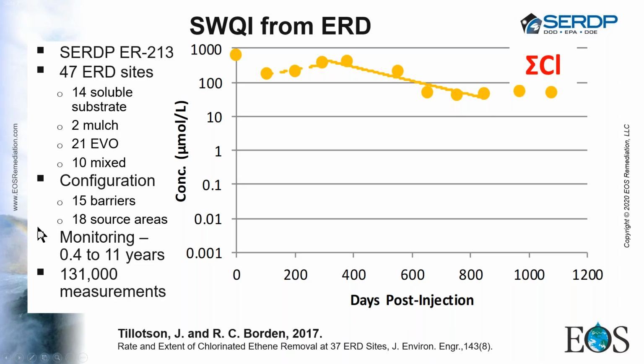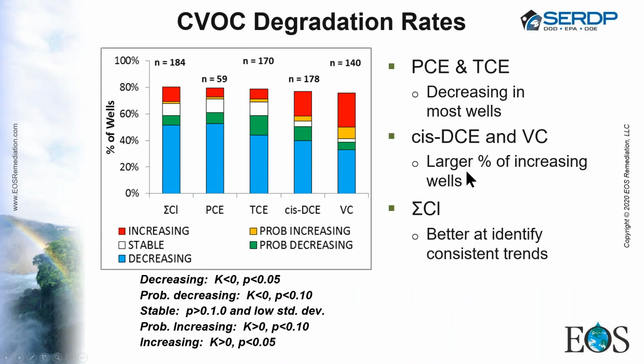About half were barriers, half were source areas, with anywhere from half a year up to 11 years of monitoring data. So we had a lot of data to look at. What we tried to do is use this procedure, get the individual rates, and figure out what was typical behavior at ERD projects.